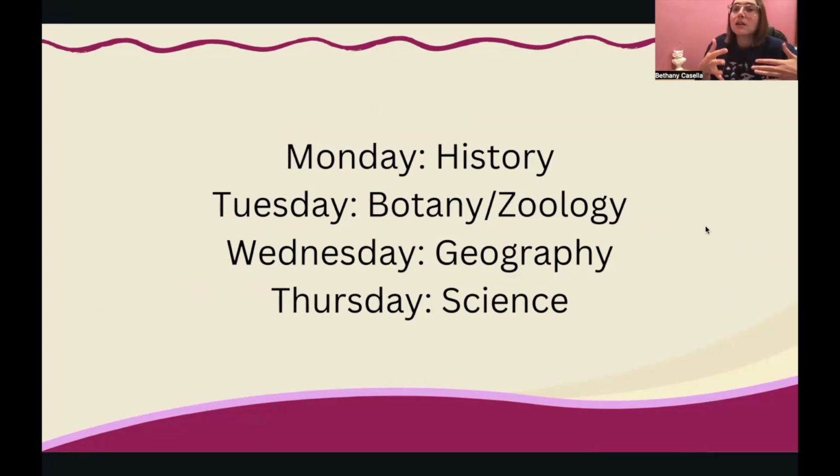Things add on, or you do different topics each time. So how I typically do it is maybe Monday history, Tuesday botany or zoology, Wednesday geography, and then Thursday science. And then Friday for my class is kind of like a catch up, do other works type of day. I'll also talk a little more about science in a bit, and how I might change it a little bit this year.